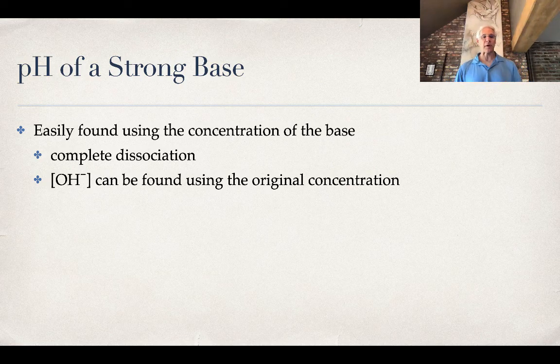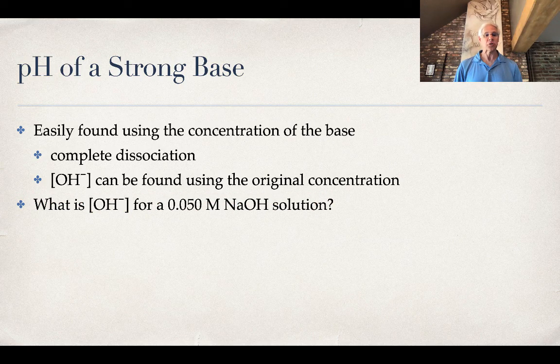And because we have that complete dissociation, we can find the concentration of the OH minus ion, the hydroxide ion, using the original concentration of the base that we're given. So if we have, say, a 0.4 molar sodium hydroxide solution, I know that the hydroxide concentration will be 0.4 because we have that complete dissociation.